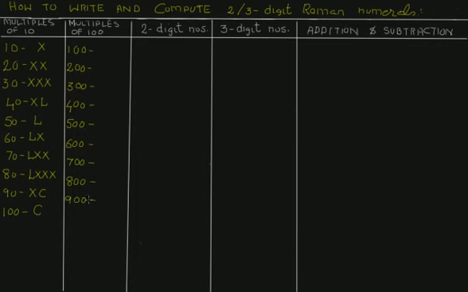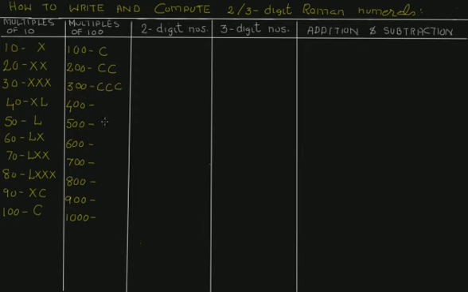Yes, 900 and finally the 1000. So 100 would be a C. 200 is 100 plus 100, and 300 is 100, 200 and 300.